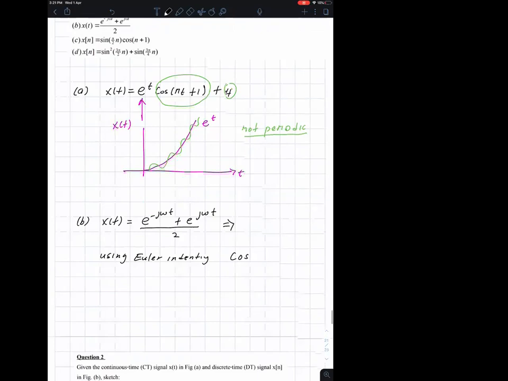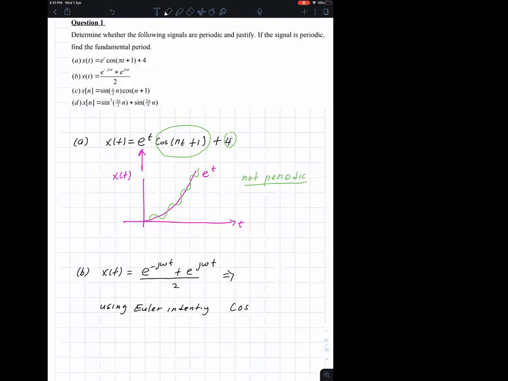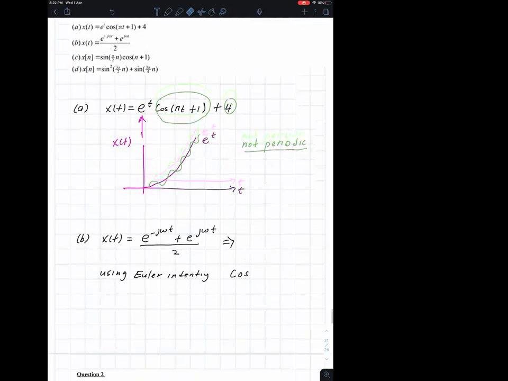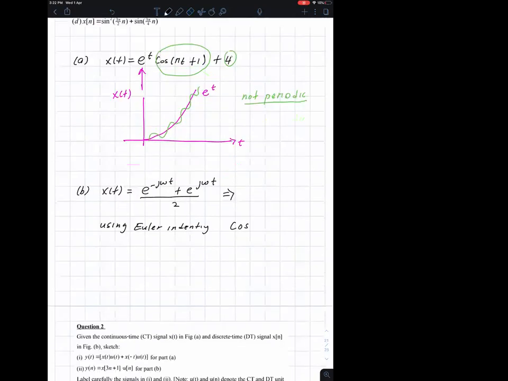There's a problem with this question: omega is not given. Although omega is not given, you can tell easily it's periodic. It's just going to be cosine omega t. It's a cosine function, and there's only one frequency, so it's periodic.